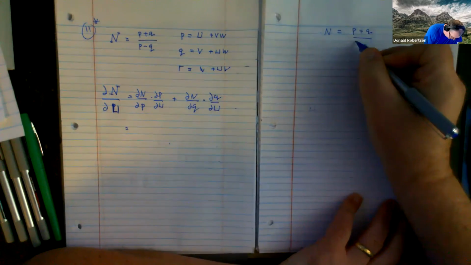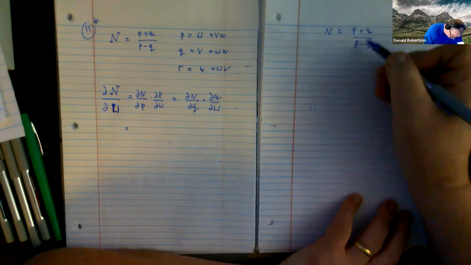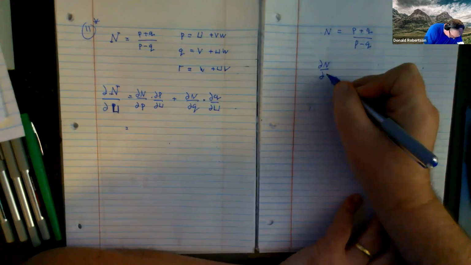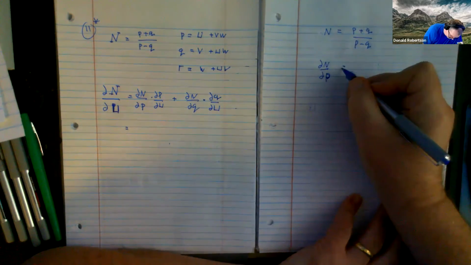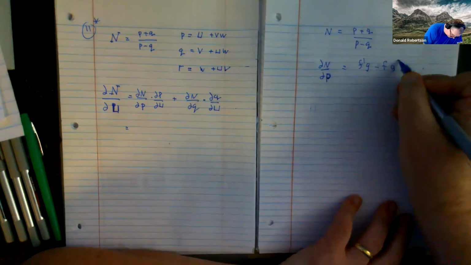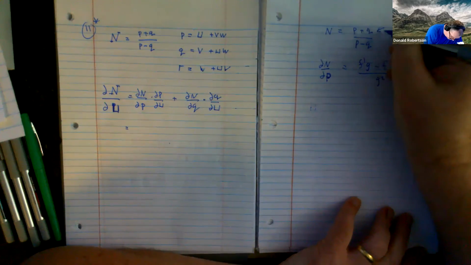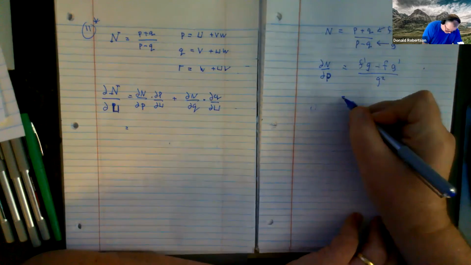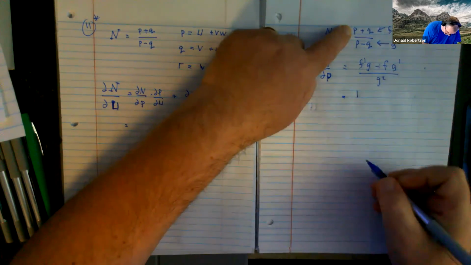If you want to do a derivative of a fraction, and the variable that you're interested in is in the top and the bottom, then you're really going to have to do the quotient rule. So essentially f dash g, take away f of g dashed over g squared. And the top is going to be f, and the bottom term is going to be the g. So if I differentiate the top with respect to p, I get 1.